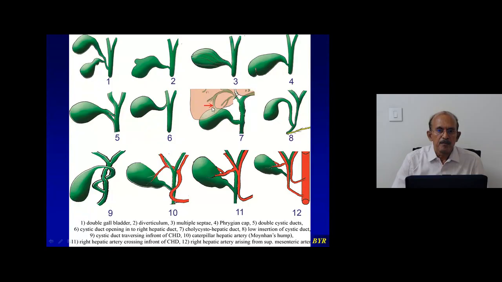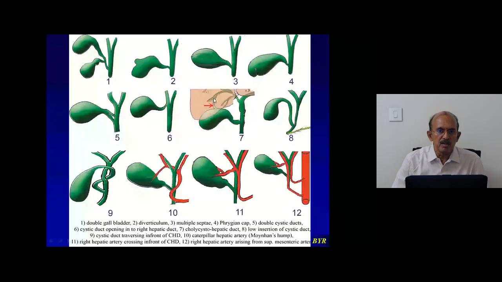Here you can see the gallbladder gets an additional duct from the liver. These are the ducts in the liver, and the liver gives off a duct. This is called the cholecysto-hepatic duct. Cyst means bladder, chole means bile: gallbladder, cholecysto-hepatic duct.